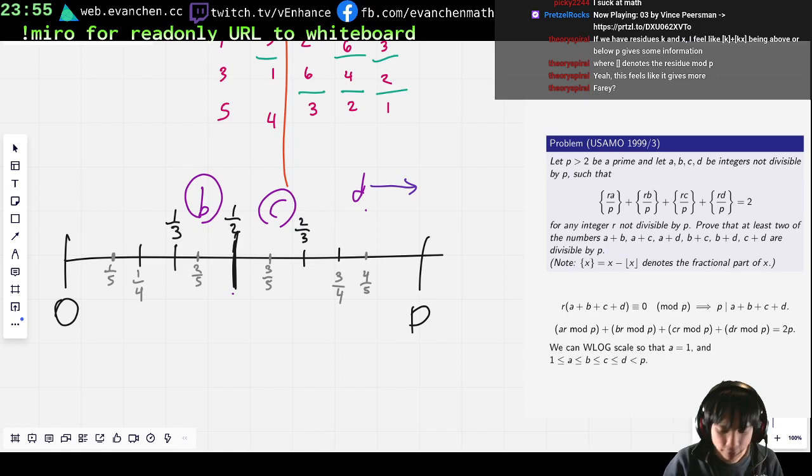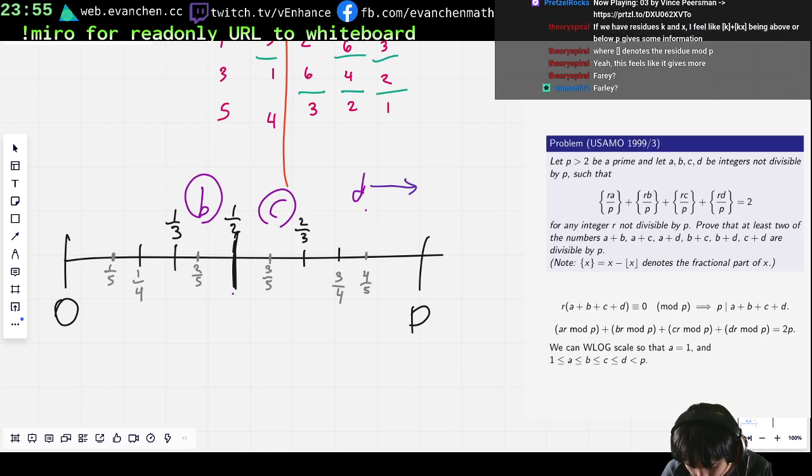So I think the induction claim is that, hang on, what am I doing?